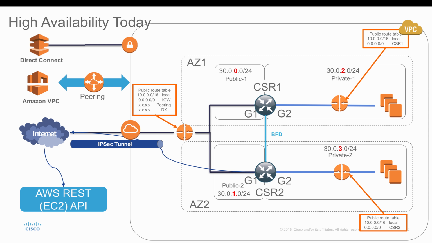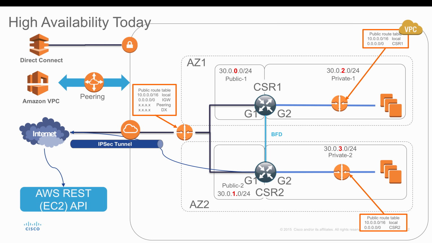And side by side, you will have the same equivalent topology in another AZ. So you will have a CSR2, which also has 2 subnets, public 2 and private 2, where you have your application running. This is the most typical HA deployment I've seen customers using today.